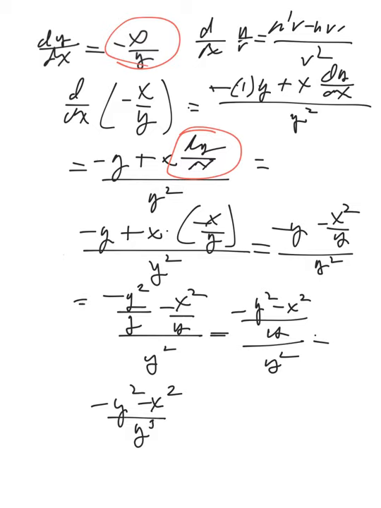Still not one of our answers, I don't believe, but we can pull one more little thing out, and let's see, if I pull a negative out of the top, I get this.